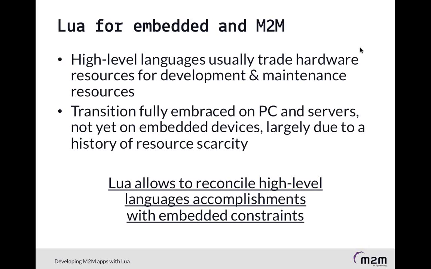So yes, Python will help developers develop their applications faster, but it will cost more in terms of hardware. High-level languages such as Ruby are now very popular on full-blown PCs. Ruby on Rails is very well adopted, but on small constrained targets, it's not viable to run Python or Ruby, but it's viable to run Lua. So you can have both the advantages of the high-level APIs with the embedded constraints.